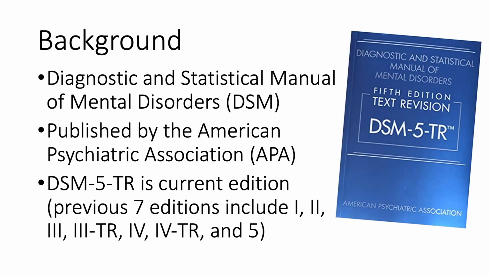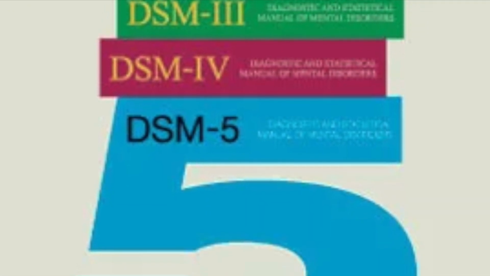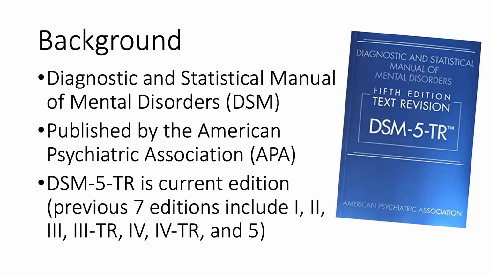The fifth edition of the DSM was released in May 2013, and updates to the 2013 DSM-5 featured a new text revised copy. The DSM-5 text revision was released in March 2022. There wasn't enough updates to change the DSM to a new edition like DSM 5.1 or DSM 6.